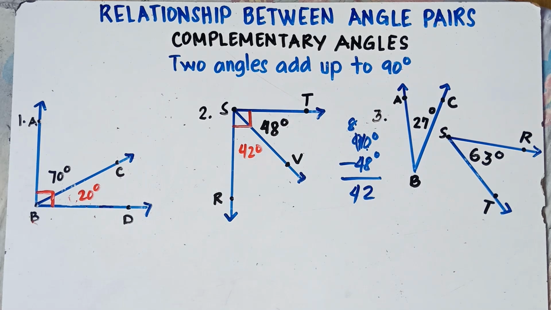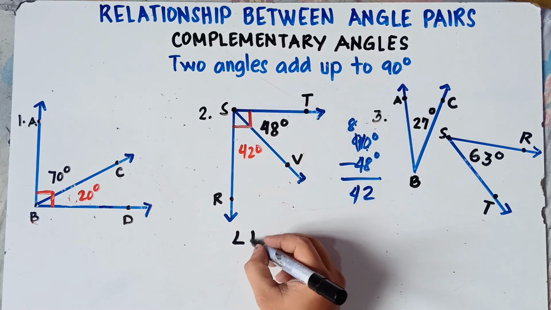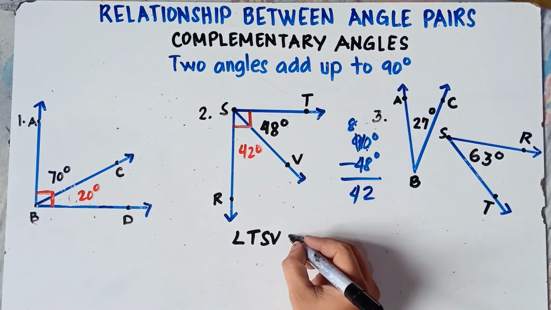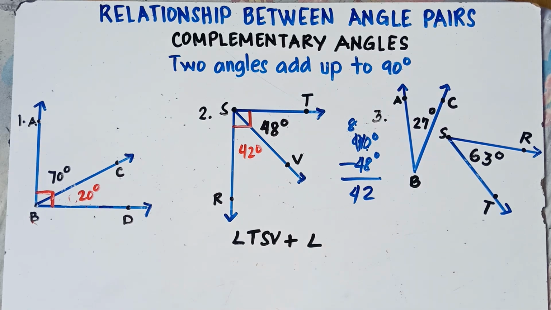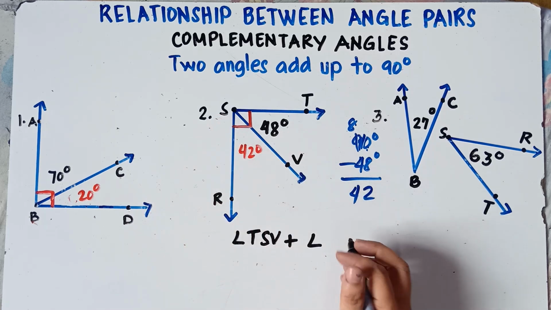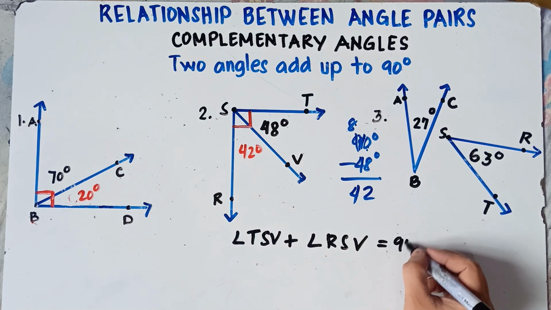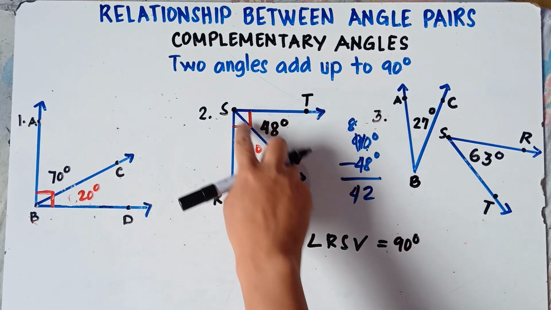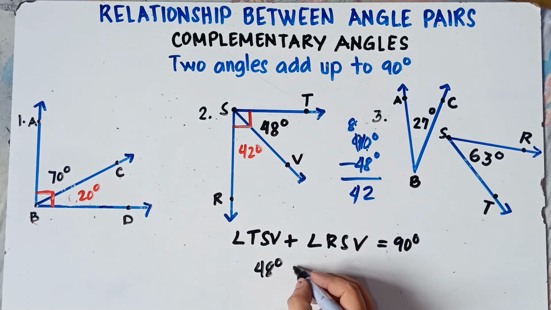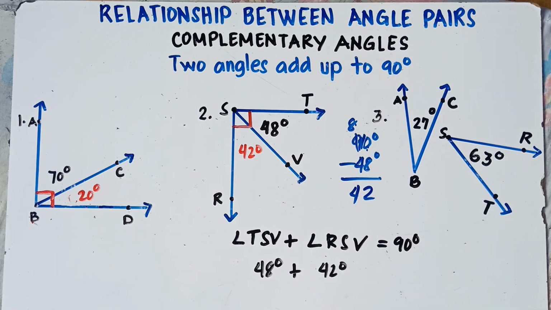Alright, and then we can write the equation. We can say that angle TSB plus angle RSB is equal to 90 degrees. So angle TSB, that's 48 degrees, plus angle RSB, that's 42 degrees, is equal to 90 degrees.